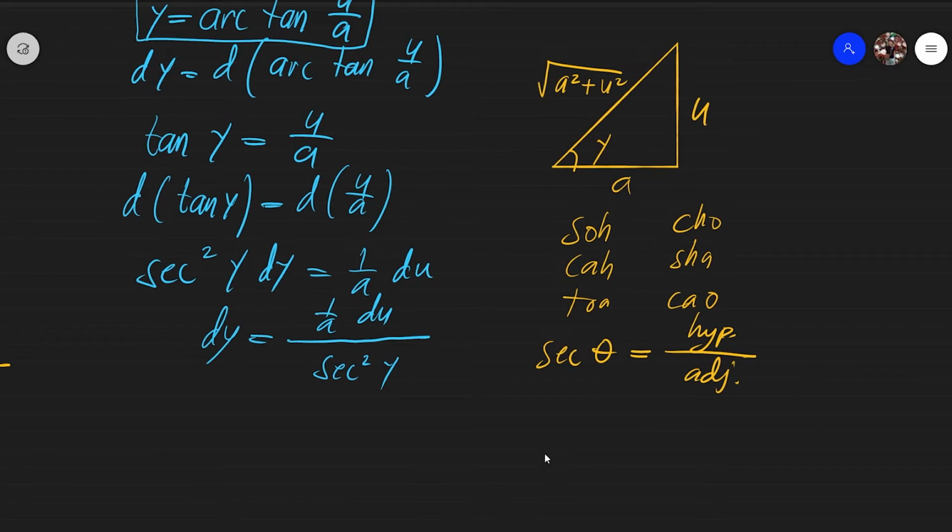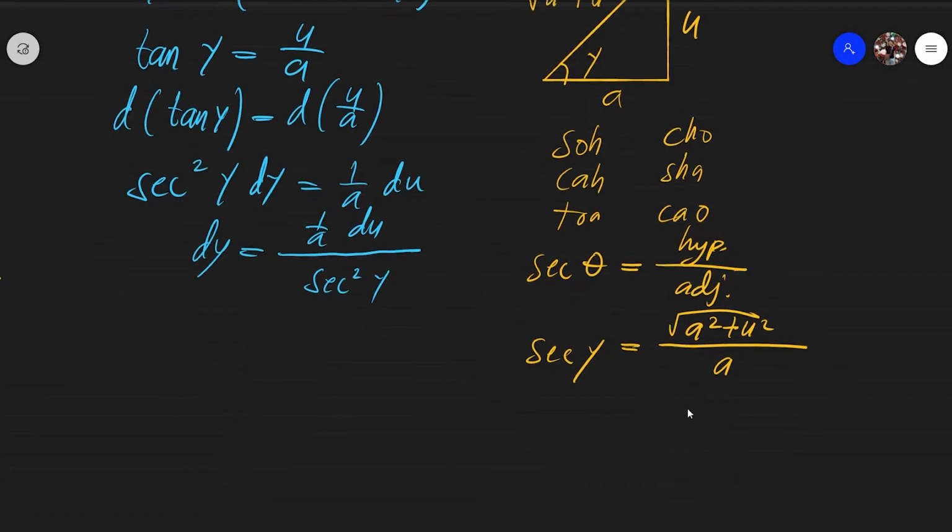So your secant y, you will be using this triangle. This is equal to the hypotenuse, the square root of a squared plus u squared, all over the adjacent, which is a.